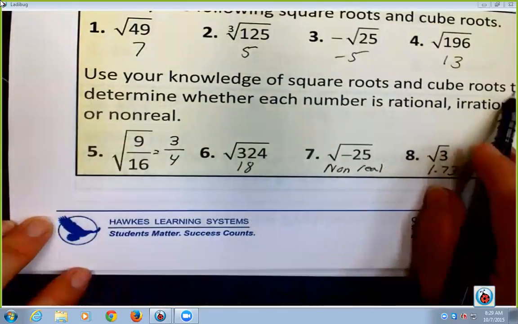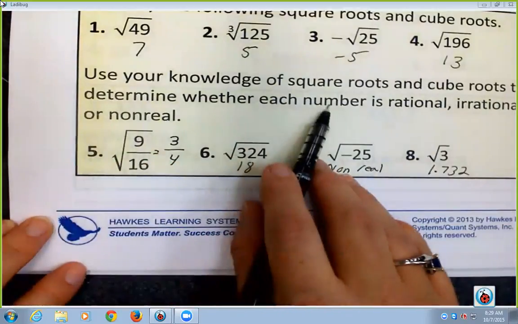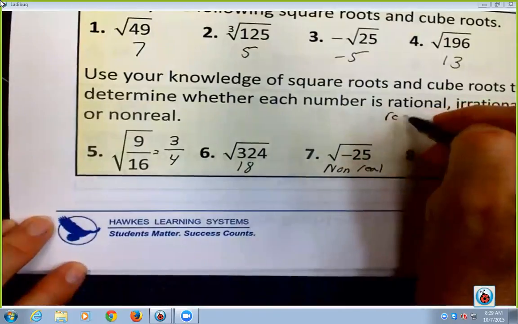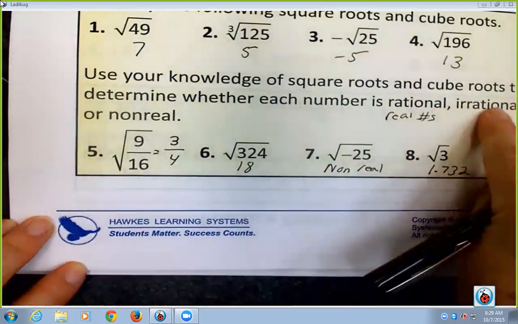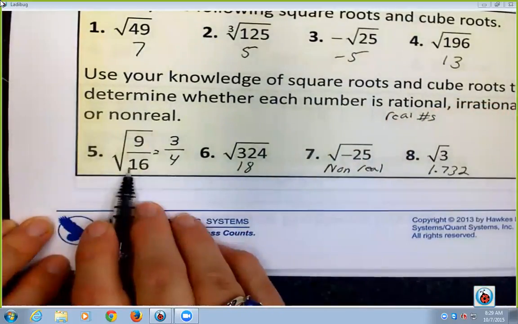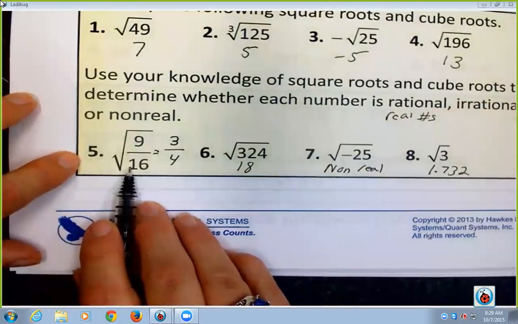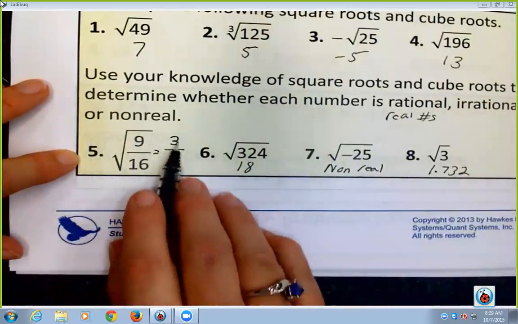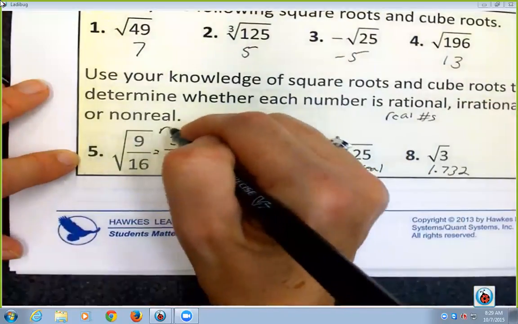But then let's go back and identify and determine whether each number is rational, irrational, or non-real. Rational are those real numbers. So number 5, what would we classify it as? So it's an exact answer, so it's rational.